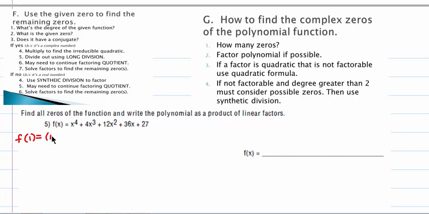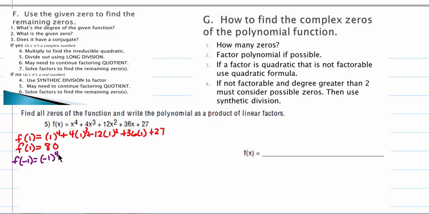So I would have 1 to the 4th plus 4 times 1 to the 3rd plus 12 times 1 squared plus 36 times 1 plus 27. Well, f of 1 is equal to 80, which means 1 is not a factor of that polynomial. Now let's try f of negative 1.